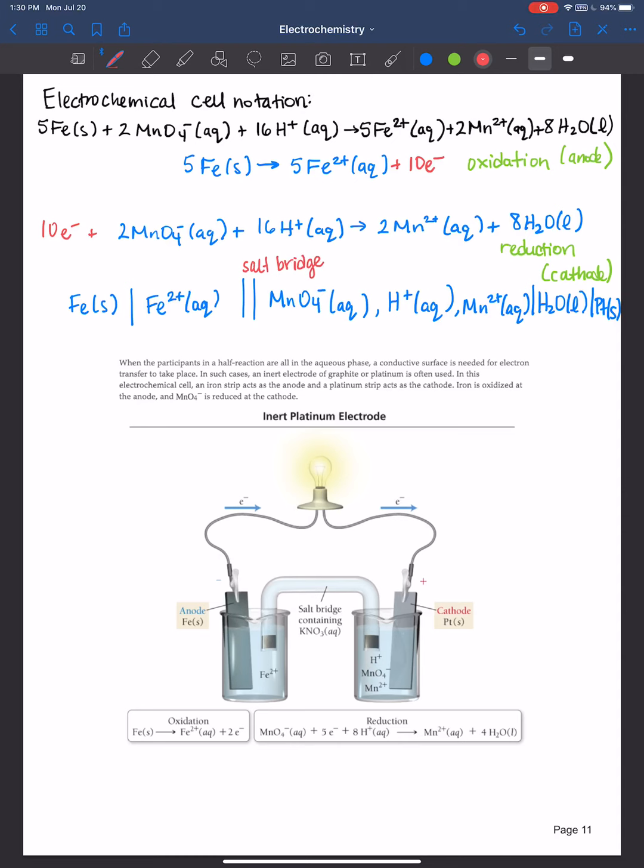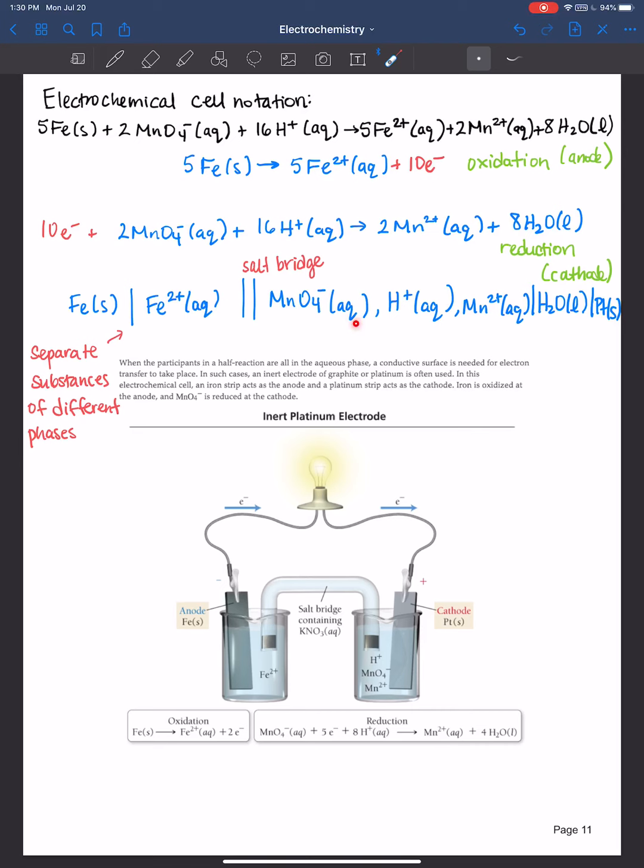Anytime you see a single line, basically what you're doing is you're separating substances of different phases, different states of matter. And so we're separating the solid iron from the aqueous iron cation.